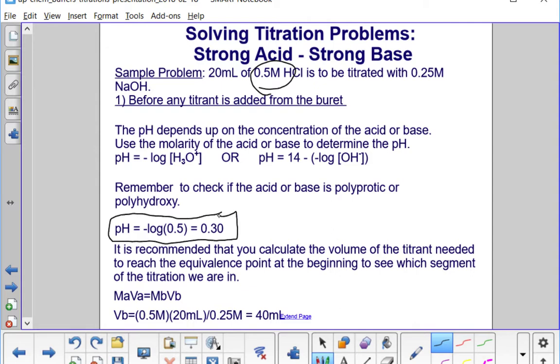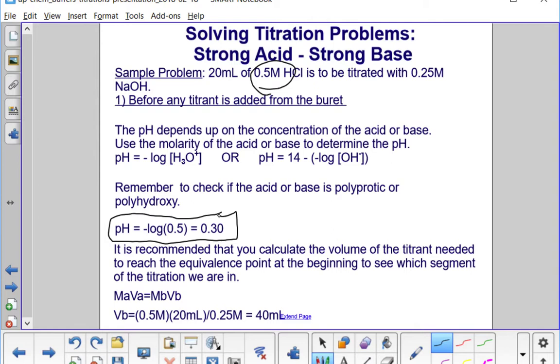Now, we can also calculate the volume to the equivalence point here, just so that we can keep track of what segment of the titration we're in as we add milliliters of base. So let's calculate the volume of the titrant needed to reach the equivalence point at the beginning, so that all the way throughout the problem we know what segment we're in.